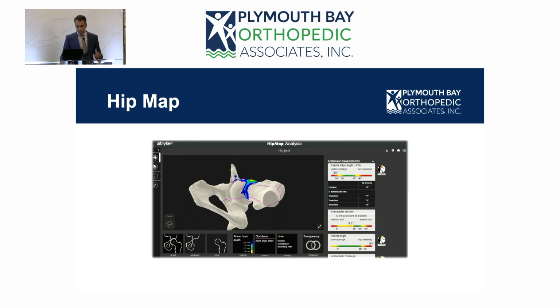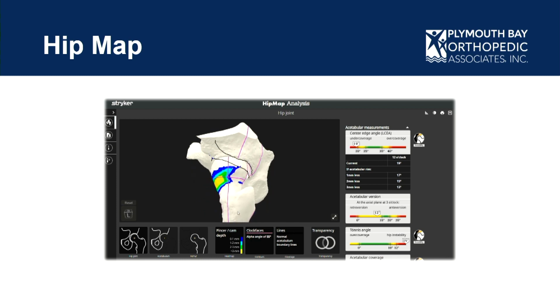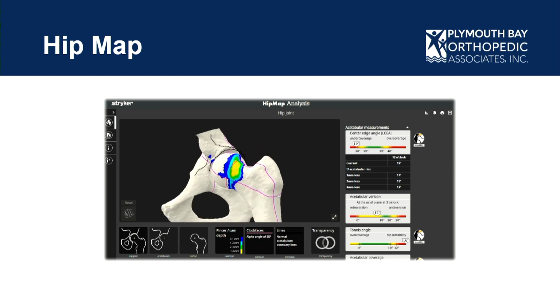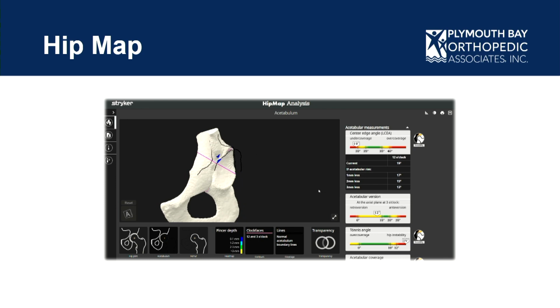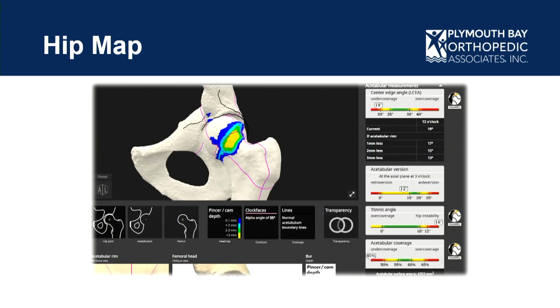You can really know where you need to shave things out, because if you don't address the cam deformity in an appropriate way, you can cause a lot of problems, either AVN or fracture, or if you don't resect enough, that's the number one reason for failure of arthroscopic surgery.